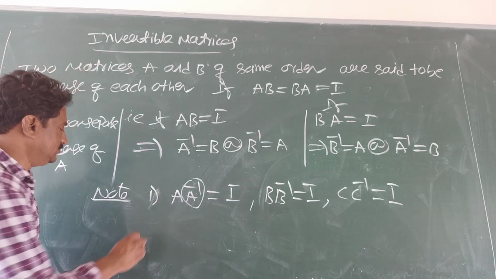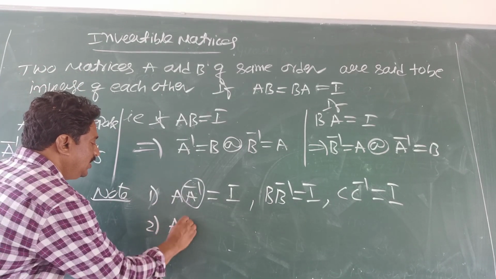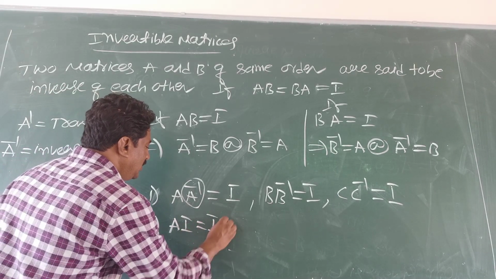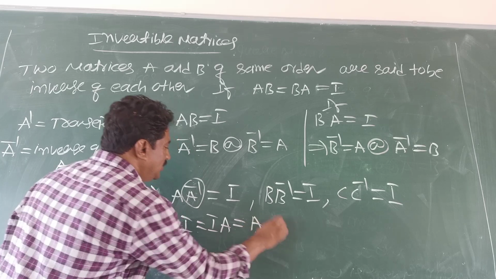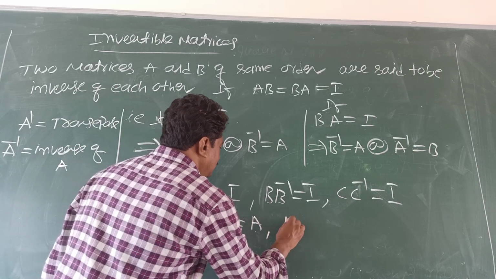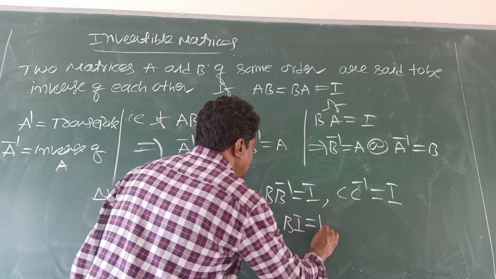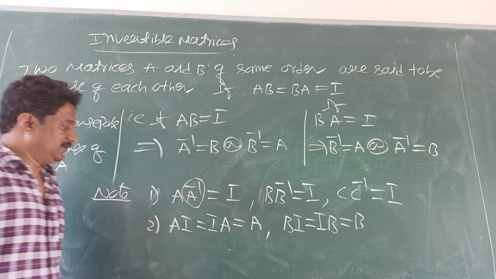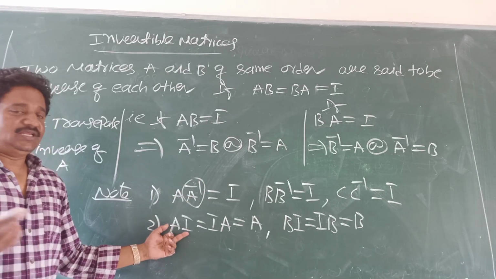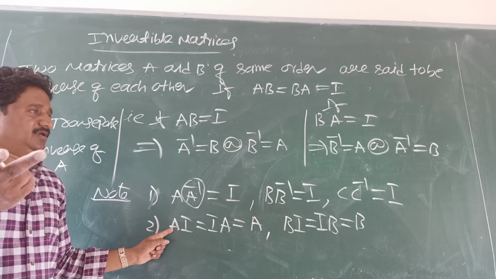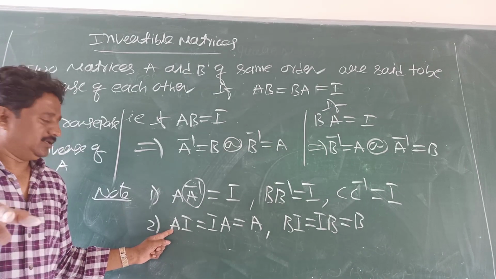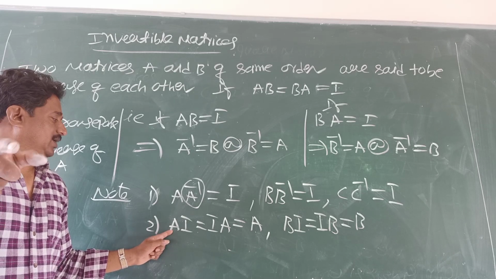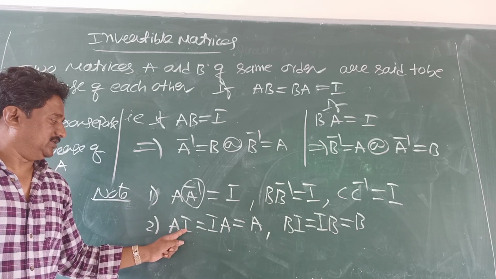One more note. Note 2: A into I, I into A is always equal to A. Or B into I, I into B is equal to B. You can easily cross check. Take a matrix of your own and multiply it with the identity matrix.